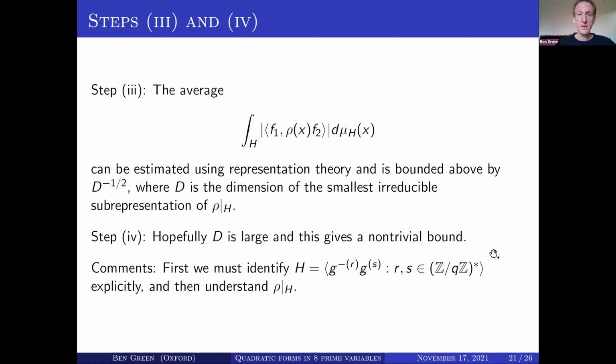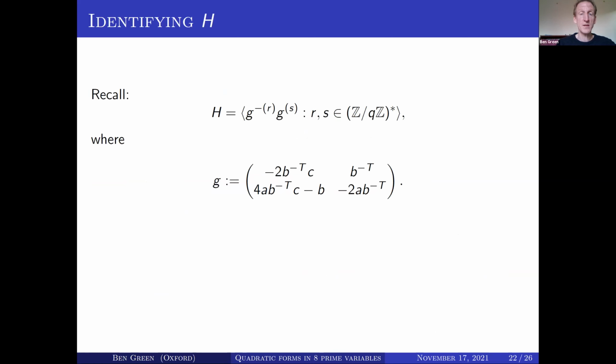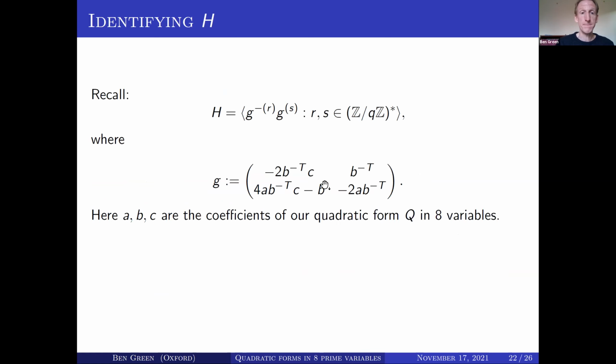Now, when I was thinking about this whole problem, so here's the problem more explicitly. Just to remind you, G is this particular 8 by 8 symplectic matrix that comes from our quadratic form Q. We then dilate it in this symplectic fashion, and that gives us phi of Q points.